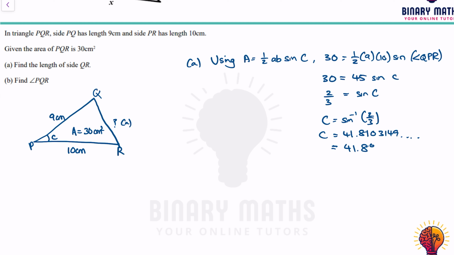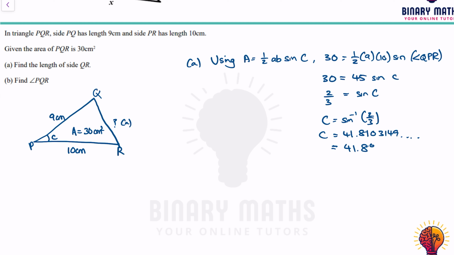So now if I want to redraw this triangle, I've got 9 here, I've got 10 here, and I've got this angle at C, which is 41.8 degrees. So now I need to find this.